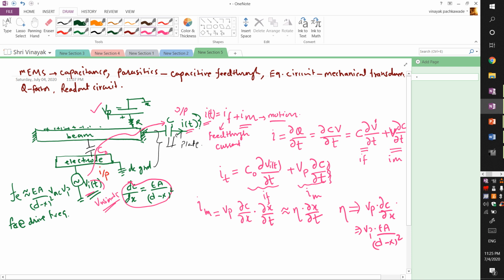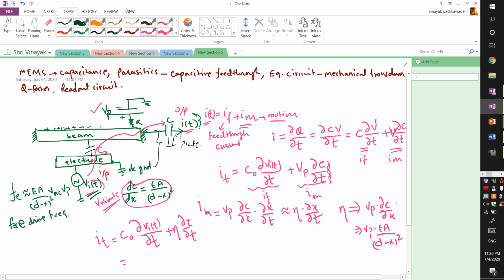So furthermore, the total current can be written as i(t) is equal to C0, which is this static capacitance, times the derivative of input voltage Vi(t) with respect to time, plus eta dx/dt.